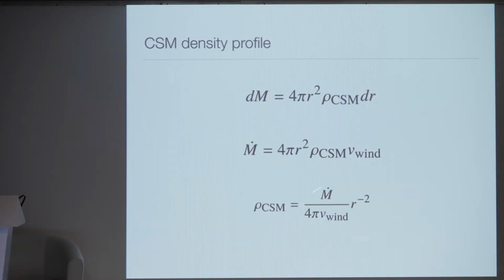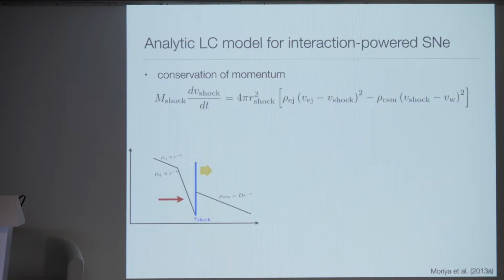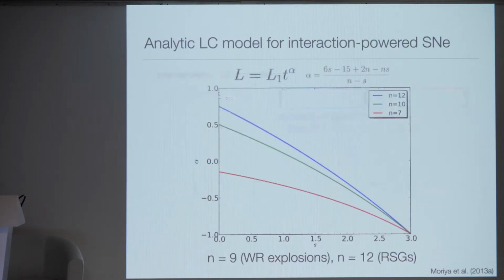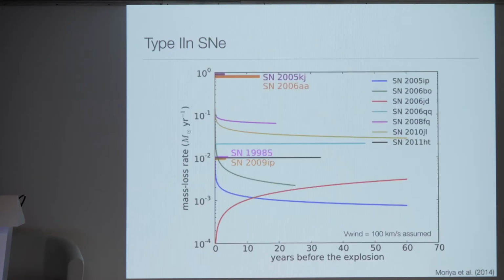But we can get the density structure by applying this kind of model, and based on this model, we can get the mass loss rates of the progenitor. So these are all obtained by fitting this kind of model for type 2n supernovae.